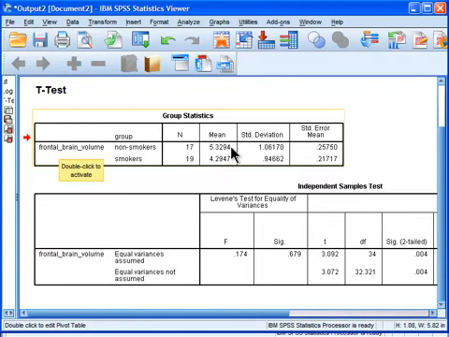And then we've got the means for frontal brain volume. It's not exactly frontal brain volume that Brody et al. measured. They measured a ratio of frontal lobe volume divided by global brain volume, but we'll just say brain volume for the purposes of this example. So non-smokers had a mean frontal lobe volume of 5.3 versus smokers with a frontal brain volume of 4.3.